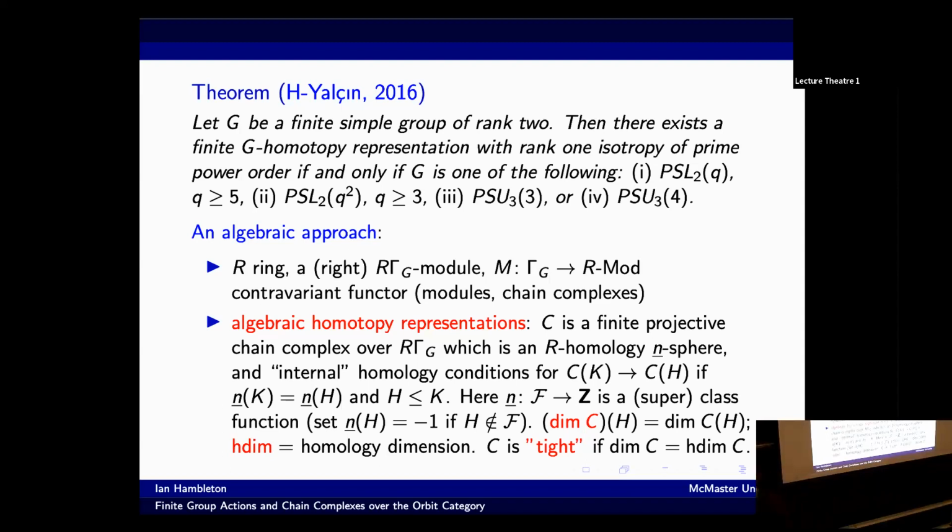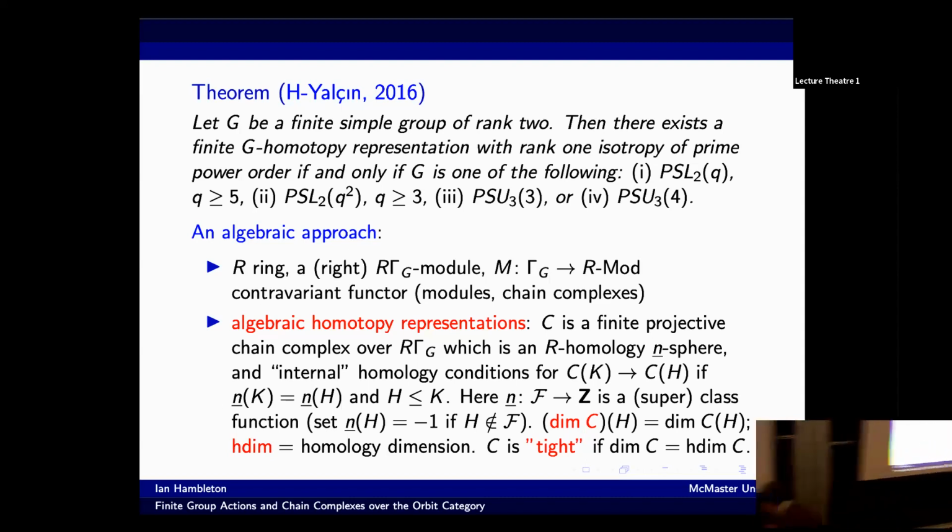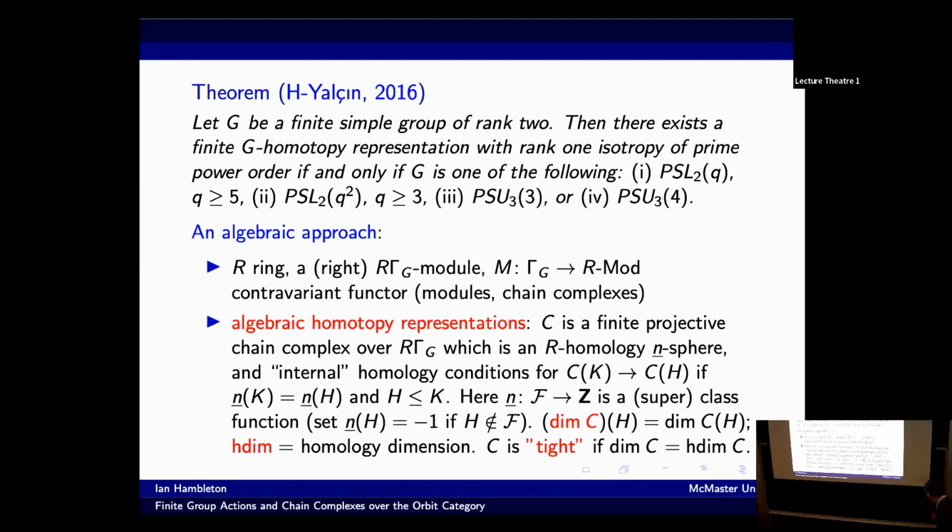I'm saying a G-CW complex gives you such a functor, and what you do is you simply plug in the chain complex of the fixed set. So that's all you do to get the structure that's involved here.